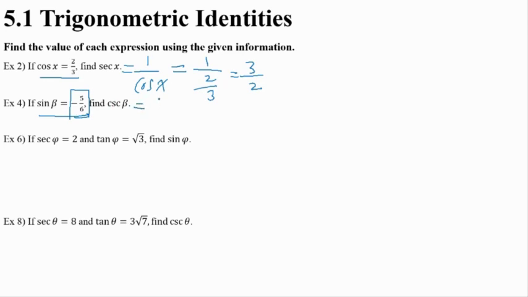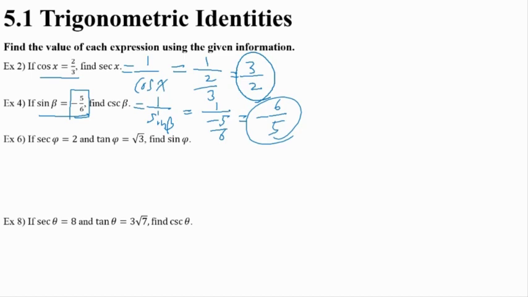Cosecant means 1 over sine beta, which means 1 over negative 5 over 6, which is negative 6 over 5. For number 2 and number 4, just understand the relationship between cosine and secant, sine and cosecant.